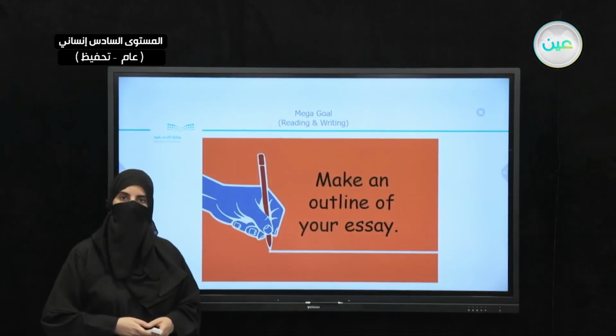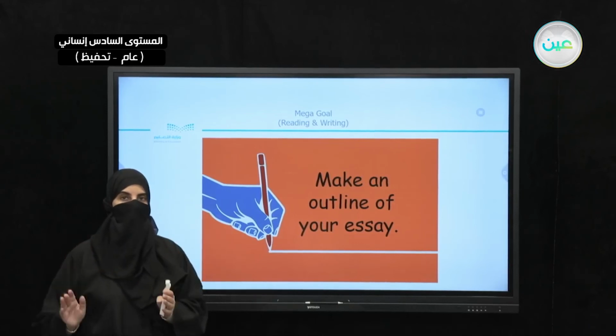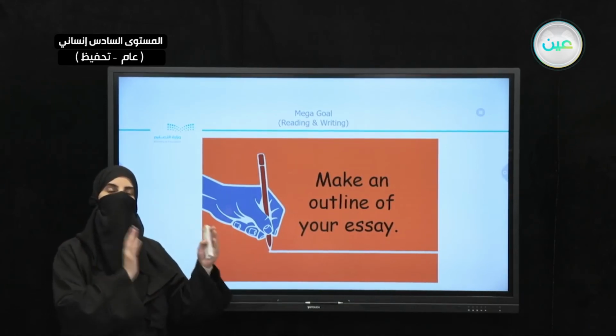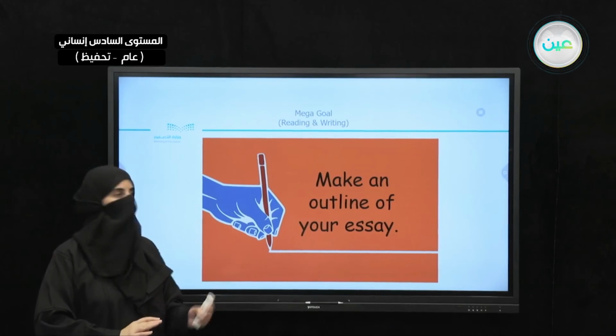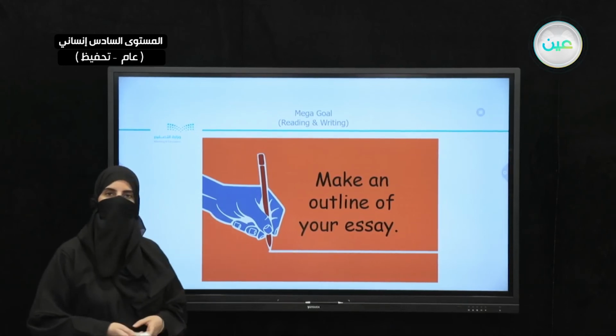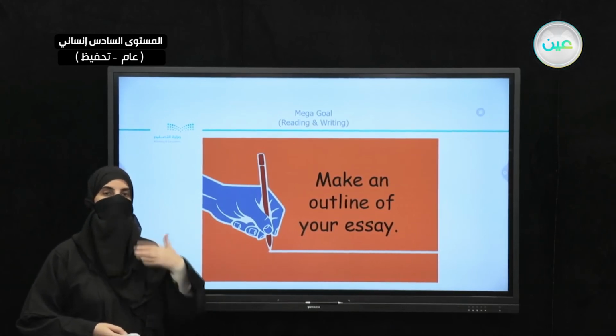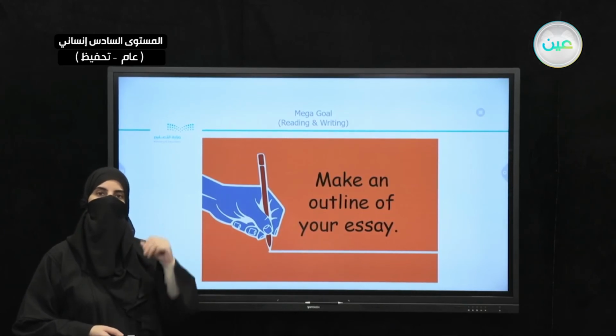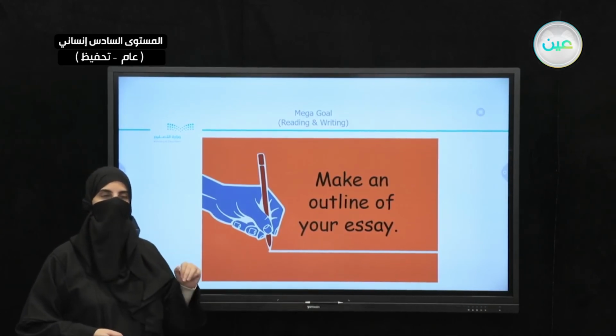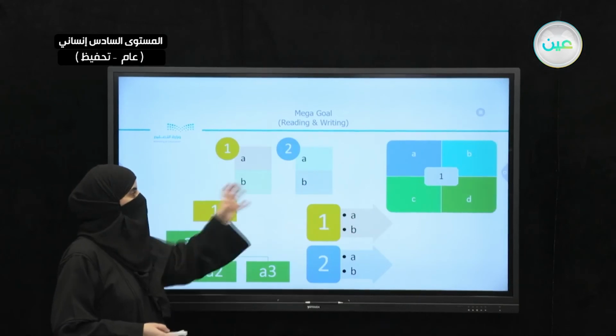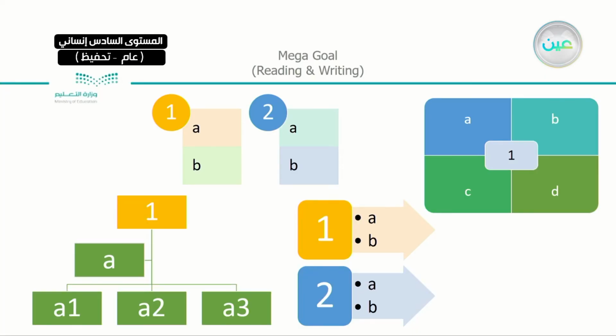Now, after you have collected your words and decided what kind of essay you have, you are going to make an outline of your essay. Something simple. That's why we said you can start with a pen or a pencil before the typing. You can use many kinds of graphs, because you are just organizing your ideas. In your outline, you will have the first ideas here, and in the second paragraph you will write here and here.